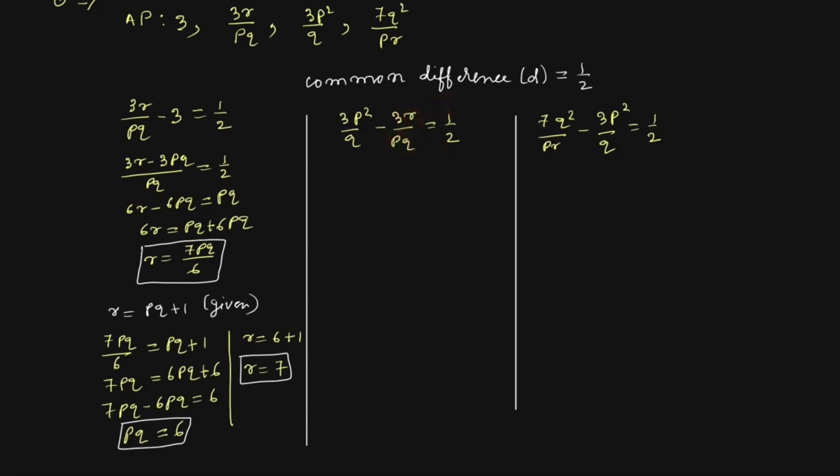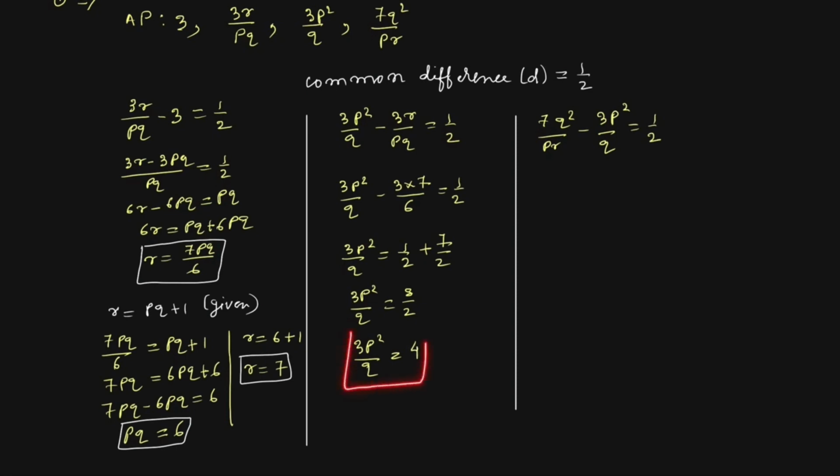Therefore this we are able to write as 3p square by q minus 3 into 7 divided by 6 equal to 1 by 2, which is equal to, now 3p square by q equal to 1 by 2 plus 7 by 2, that is 3p square by q, which is equal to 8 by 2, which we are able to write as 3p square by q equal to 4.